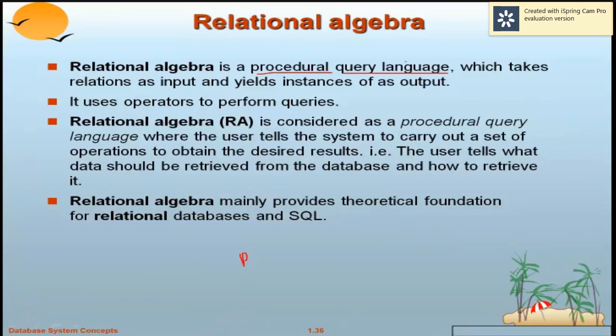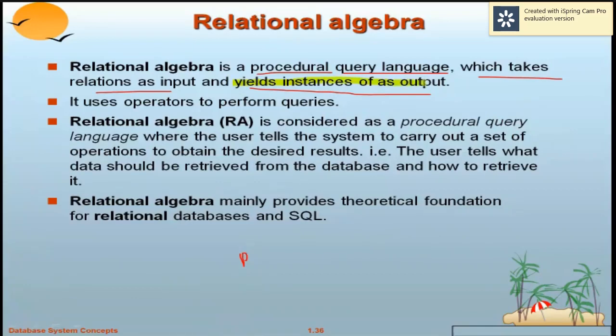So let's see again. Relational algebra is a procedural query language which takes relations as inputs and delivers instances as outputs. So it takes the input as a table and gives us the output according to the queries we write.